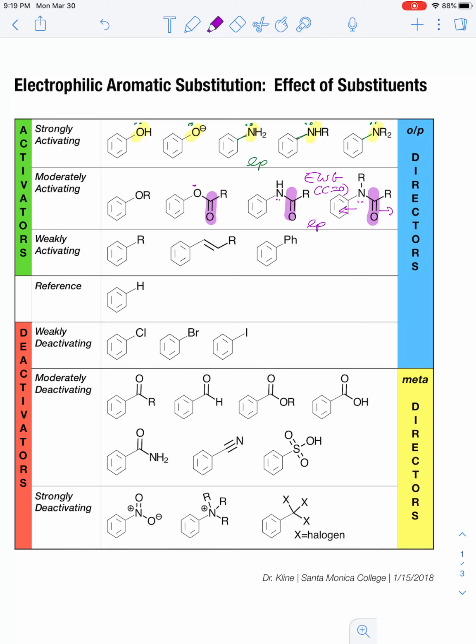So as a result, this oxygen, this nitrogen, and this nitrogen are not as electron donating as the groups up on the top.